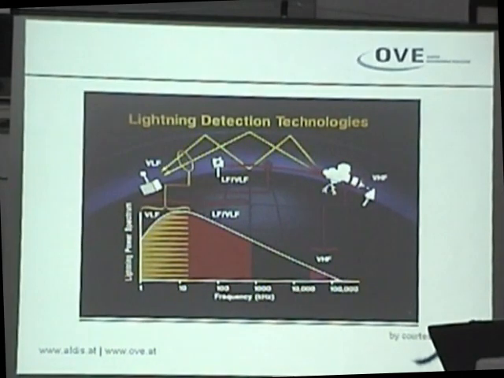Those systems are able to cover wide areas. ATD, for example, covers almost half of the world with about 7 sensors right now, with a worse detection efficiency, but at least they detect thunderstorms.